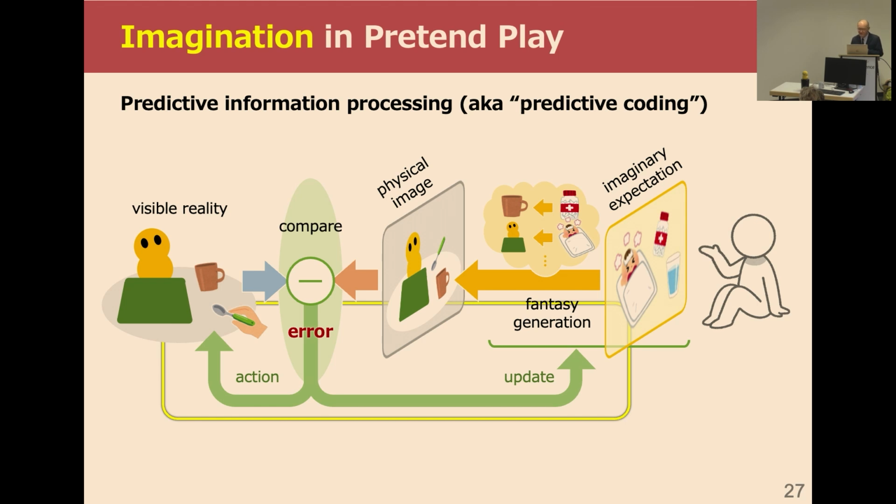Also, the error can be minimized by modifying the reality out there, by acting verbally or non-verbally on it, so that reality matches your expectation. This is our hypothesis of what is happening in the individual.